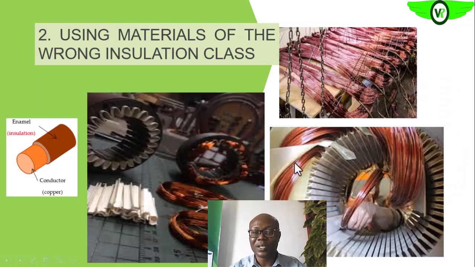All of these materials must be of the right insulation class: the conductor, the insulating paper or lead rod, the rope, and the varnish that you use at the end of the day to impregnate, whatever tie rope or cable tie that you use.